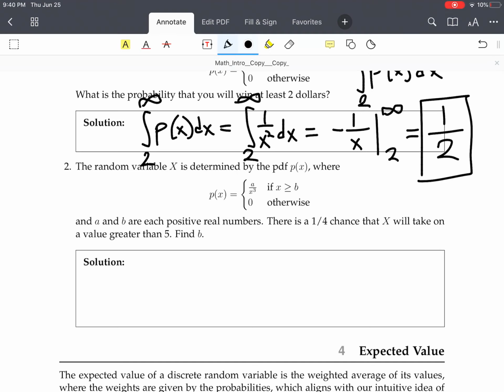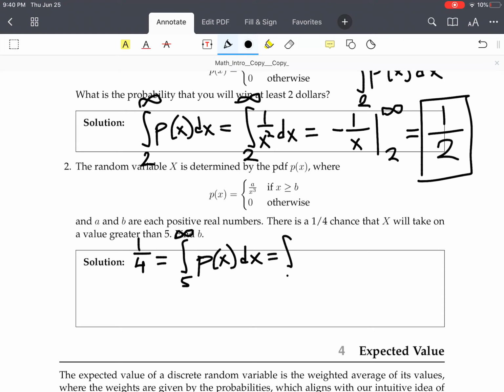So we can essentially write that 1/4 is equal to the integral from 5 to infinity of p of x dx.